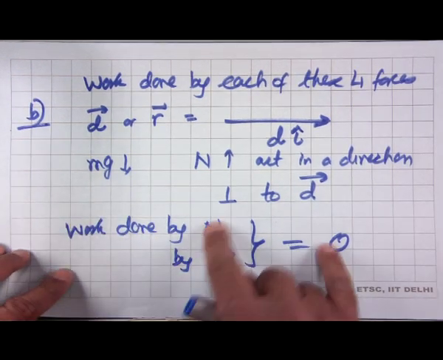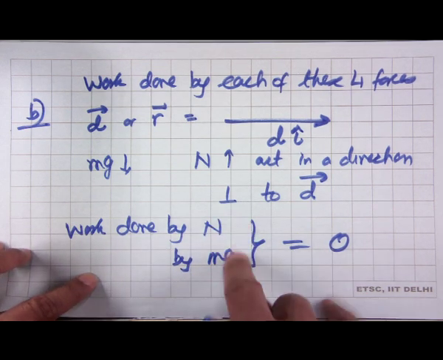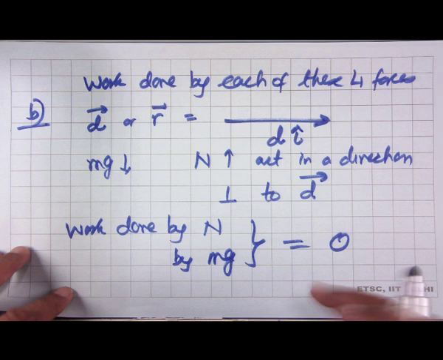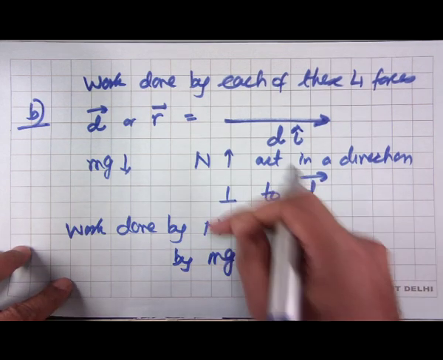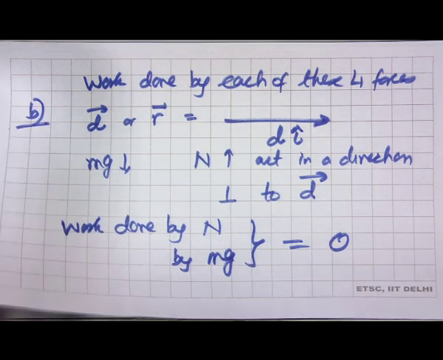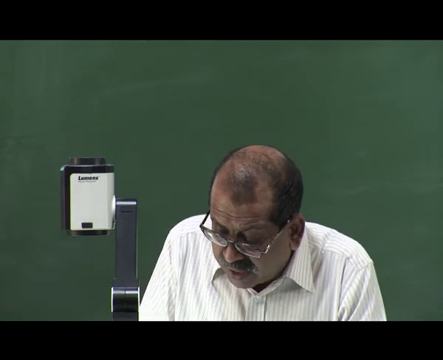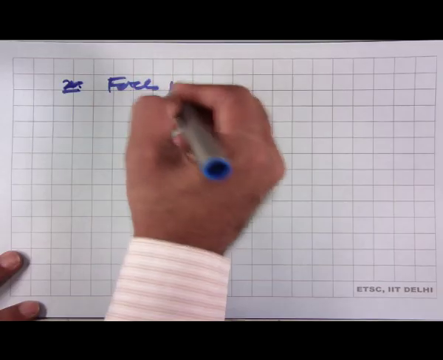Of course, we also know N is equal to mg, so they cancel out. If you add these 2, the work done would have been 0 even if the particle was moving vertically, since they were equal, but here individually also the work done is 0. Now, we look at the other 2 forces, the forces in the x direction.